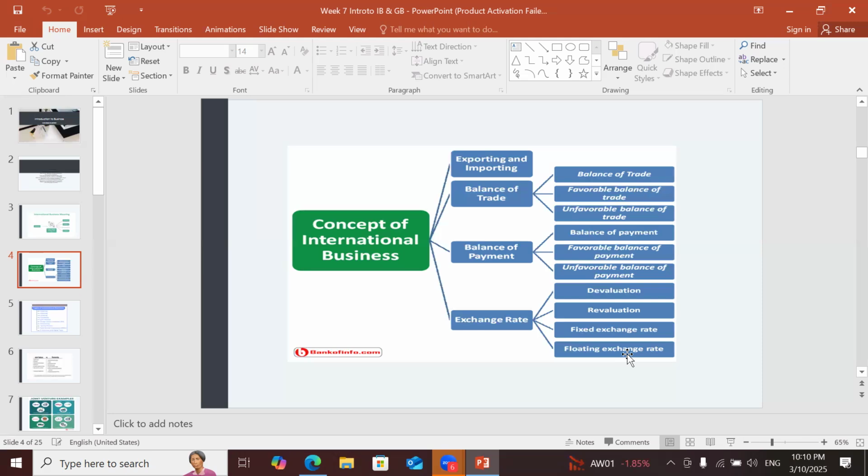When your price is less than the original, devaluation. When your price is more than the original, this is a revaluation. So in international trade, there are four basic concepts: import, export, balance of trade, balance of payment, and exchange rate.